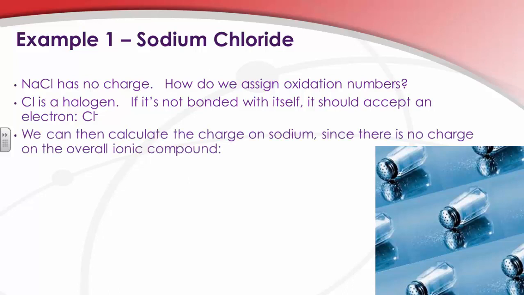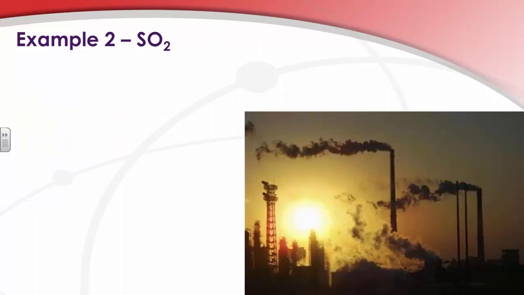Once we know this, we can calculate the charge on sodium to get a 0 overall charge. So x plus -1 equals 0, so x must equal +1. So another example, sulfur dioxide, such as is in pollution coming from various kinds of man-made activities.